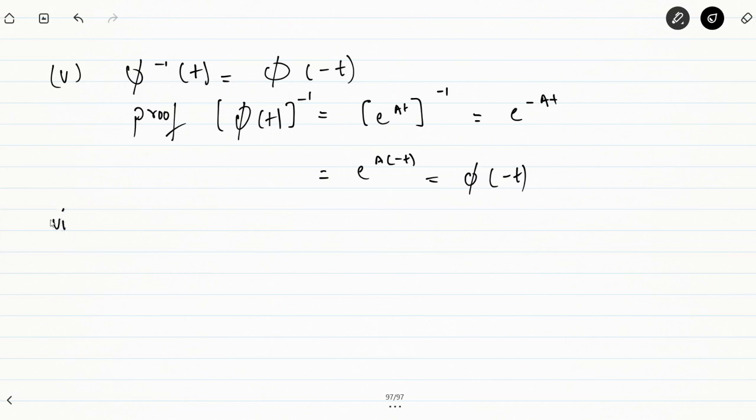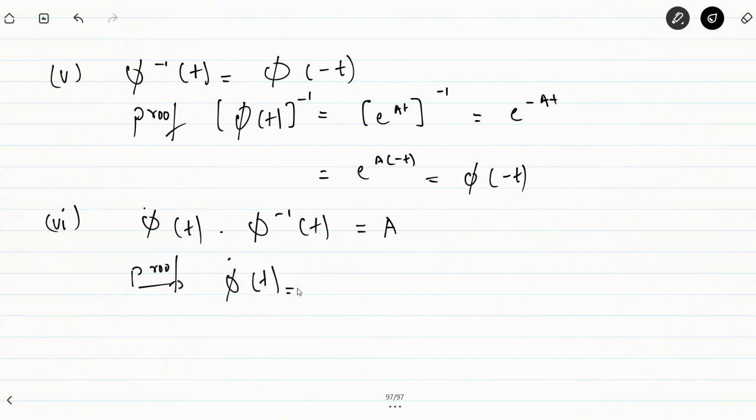Now sixth property is phi dot of t into phi inverse of t, phi t inverse rather, is equal to a. Proof of this, you have phi dot of t into phi of minus t. Phi dot of t, we have already found out that to be equal to a into phi of t, and phi of minus t we have already determined.